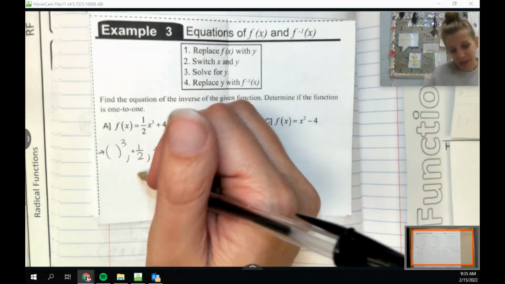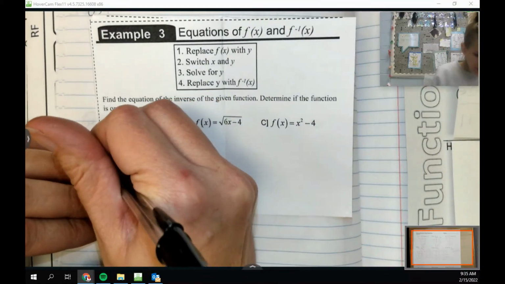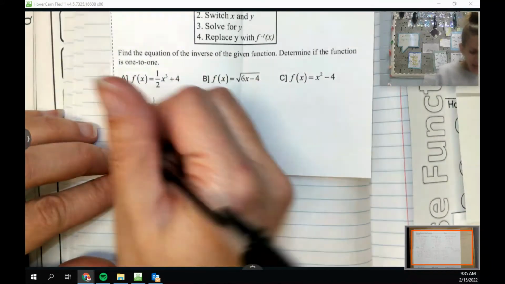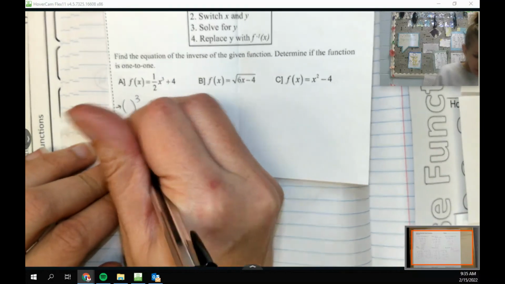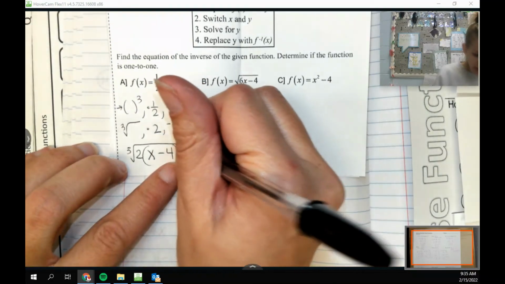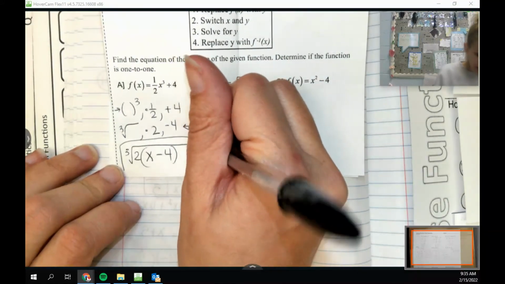Technically I divide by half, but we multiply by the reciprocal, so 2, and then I cube root. So if I take x through this, we're going to go x minus 4 times 2, cube rooted, is my inverse function. So that's one fun way to do it.